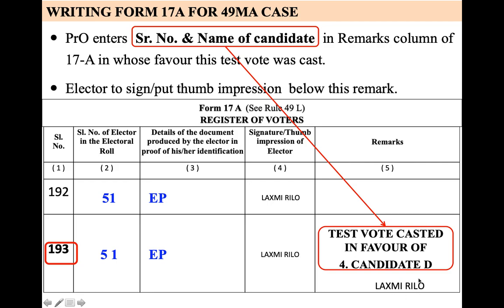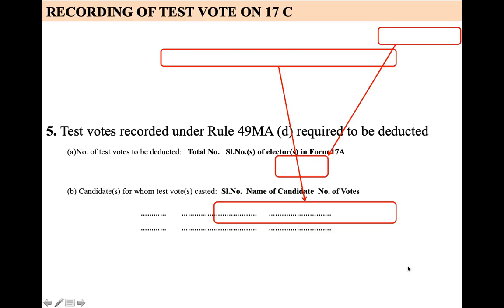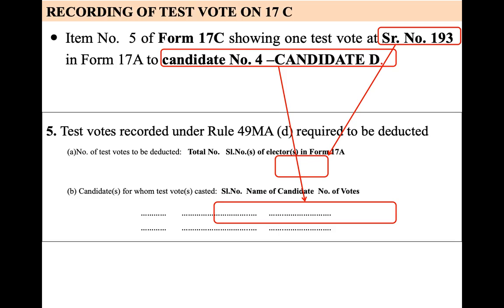How do we enter the detail of the candidate? We write the serial number and the name of the candidate. So this is how we record the test vote in Form 17C.